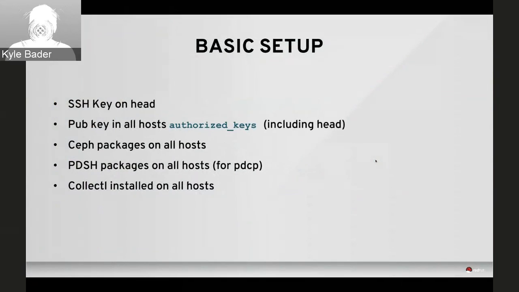If you're running something like CentOS 7 or RHEL 7, you might need to pull in some packages from Fedora, and there's some in the setup script in the CBT repository. There's some links to which packages you need and where you can get them. And then you'll obviously need to have Collectl installed on the hosts if you want to be collecting monitoring data, which is super useful, so it's highly recommended.